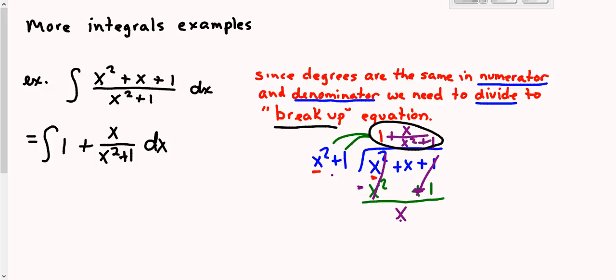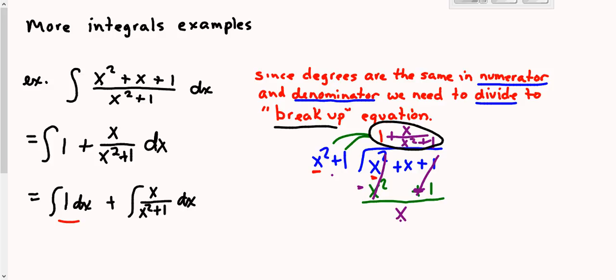Okay, then from there we can split the integral up. So we can do the integral of 1 dx plus the integral of x over x squared plus 1 dx. Okay, then we can integrate 1.